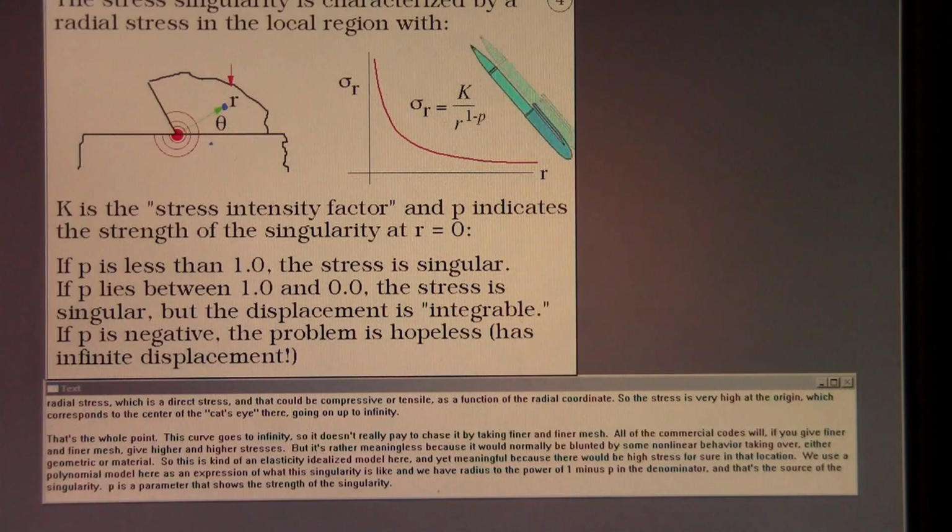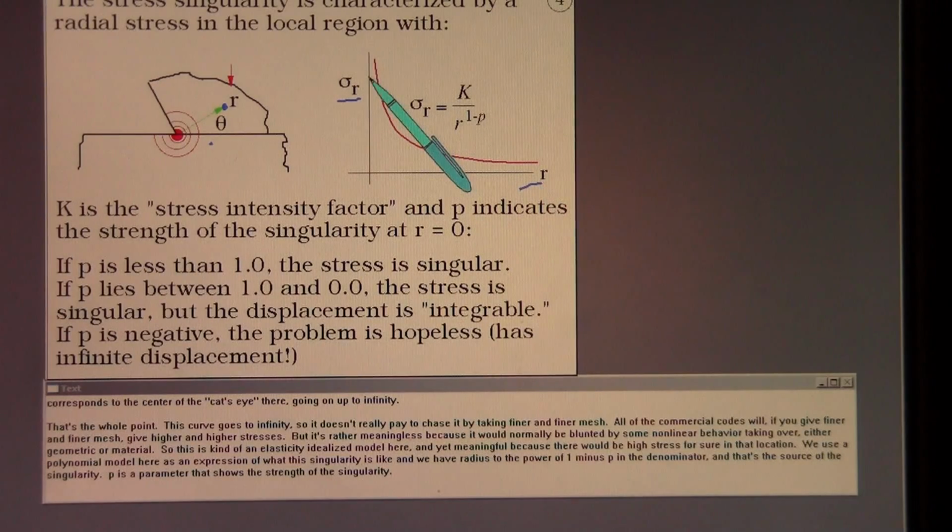On the right, I've shown one of the stresses, namely the radial stress, which is a direct stress, and that could be compressive or tensile, as a function of the radial coordinate. So the stress is very high at the origin, which corresponds to the center of the cat's eye there, going on up to infinity. And that's the whole point, that this curve goes to infinity.